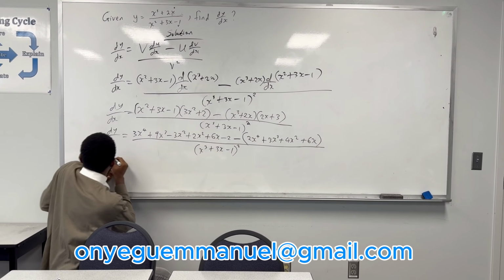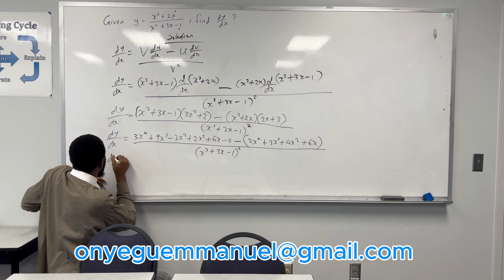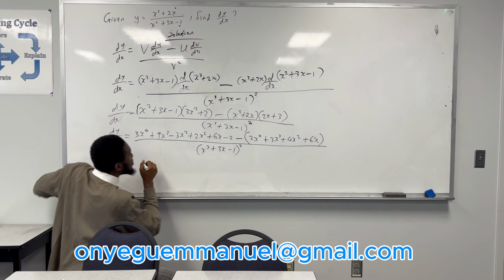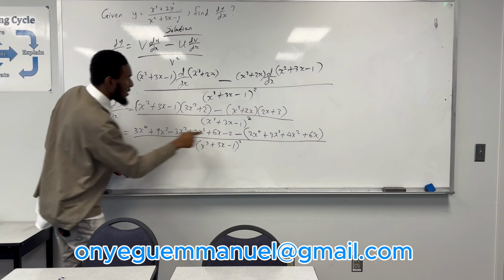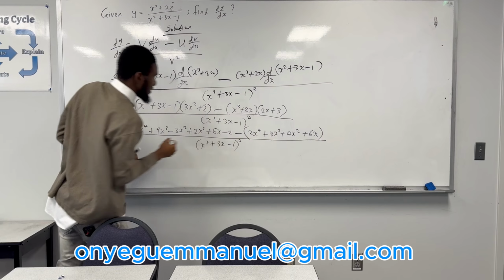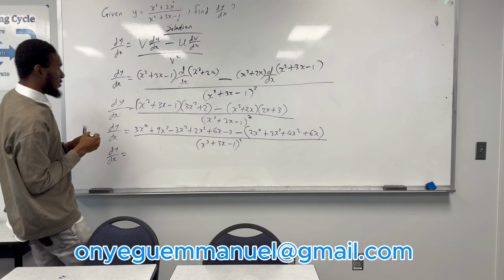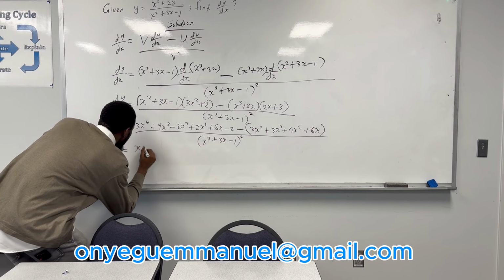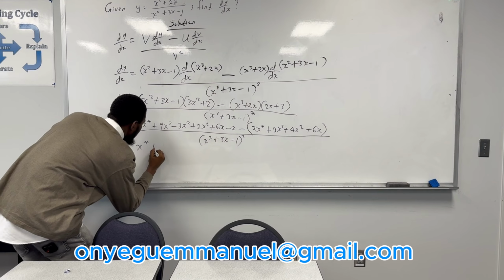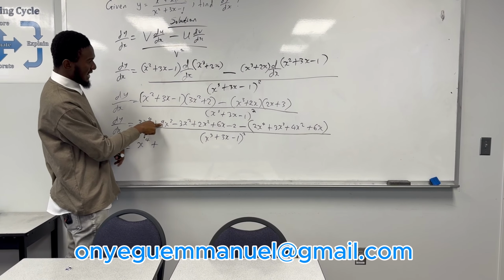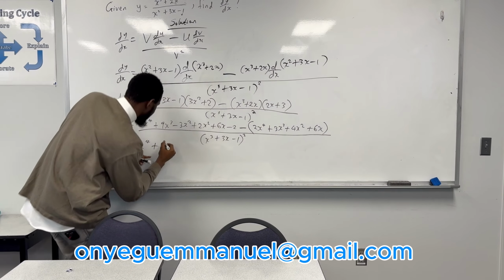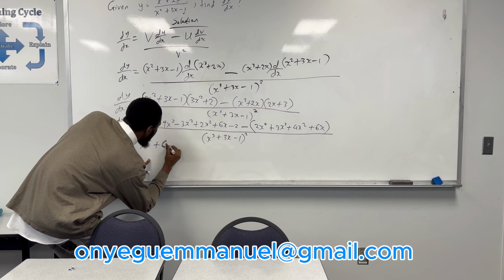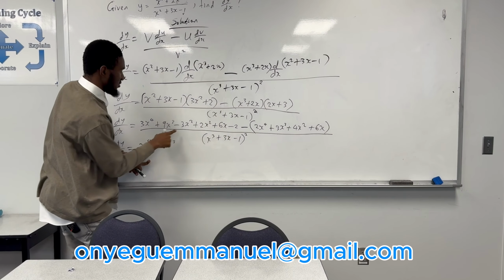We have that our dy/dx is equal to 3x to the power 4 minus 3x to the power 4, what do you have? You have x to the power 4, plus 9 minus 3 will give you 6x cubed.